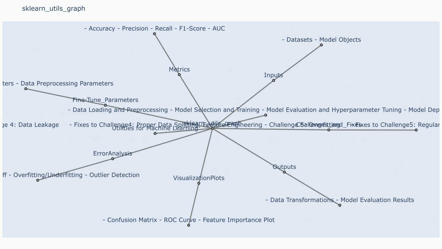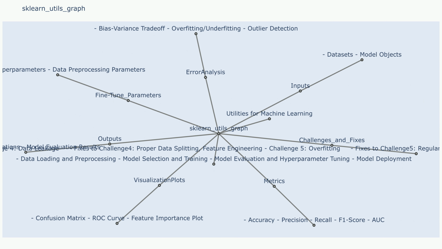Fixes: oversampling. Replicate minority class samples to increase their representation in the dataset. Undersampling. Reduce the number of majority class samples to balance the dataset. Class weights. Assign different weights to different classes during model training to penalize misclassifications of minority class samples more heavily.